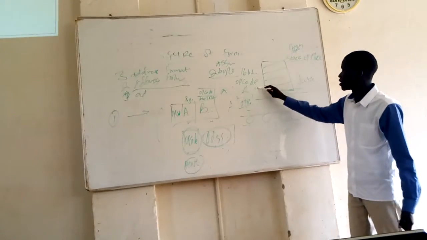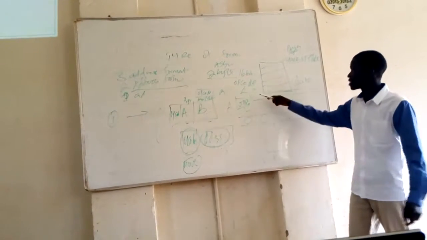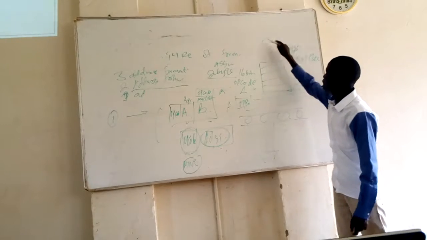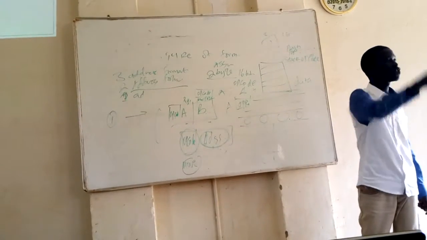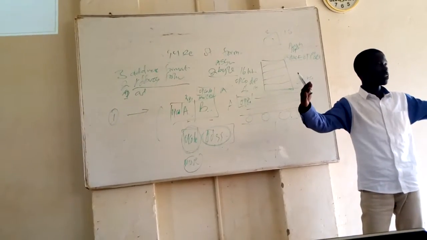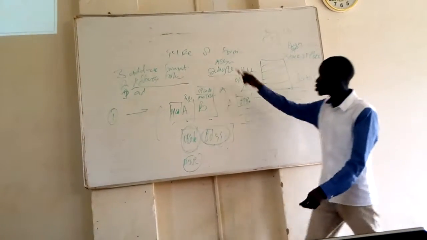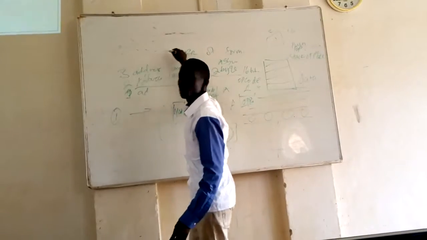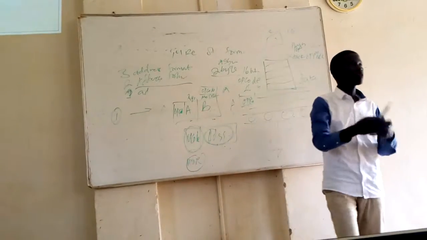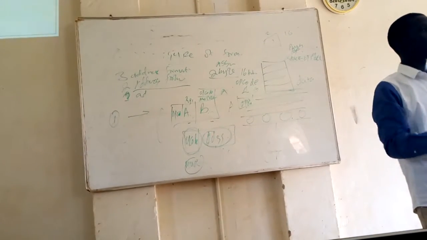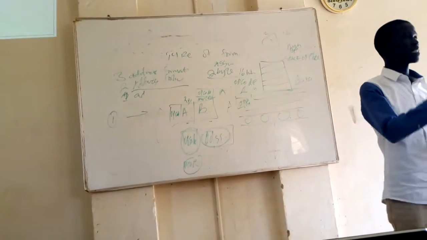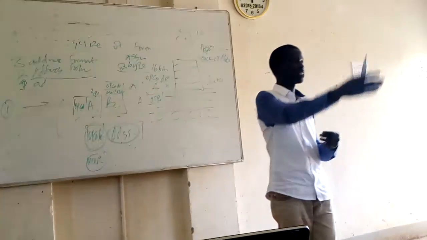So the moment the addresses continue to increase, the size increases. That's why in calculators, when you add A plus B plus C plus D, it takes longer for the calculator to give the answer, because the data has been worked upon and the size has increased. As the size increases, the number of bits also increases.